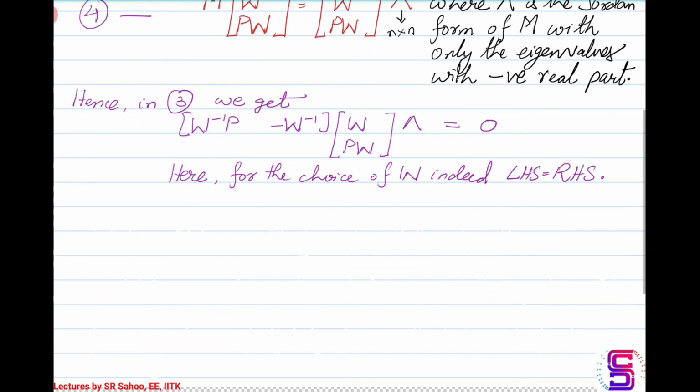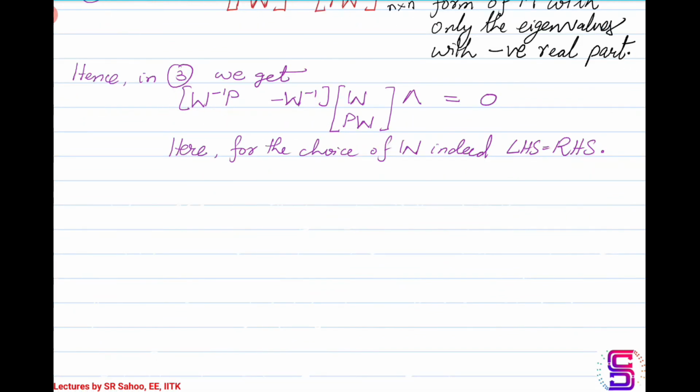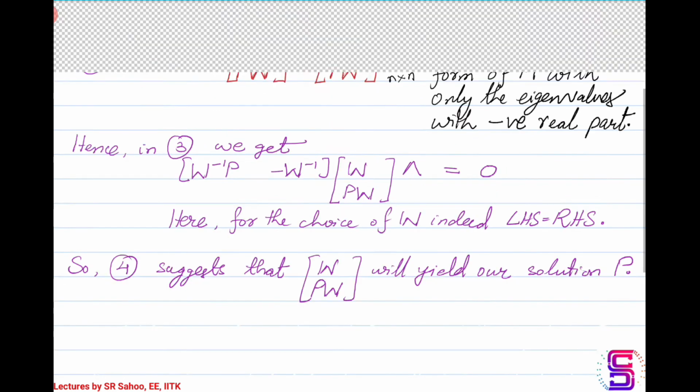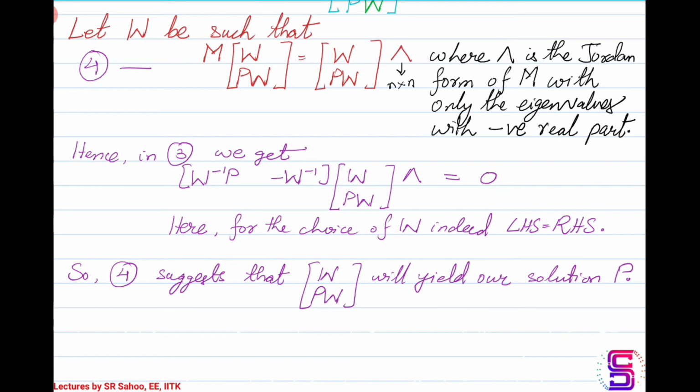Now we'll see how to solve for this W and P. What does equation 4 suggest? For the Jordan form, whatever eigenvalues are present in the Jordan form, the similarity transform matrix is composed of the corresponding eigenvectors, whether they are OEVs or GVs. Those form the columns of the similarity transform matrix.